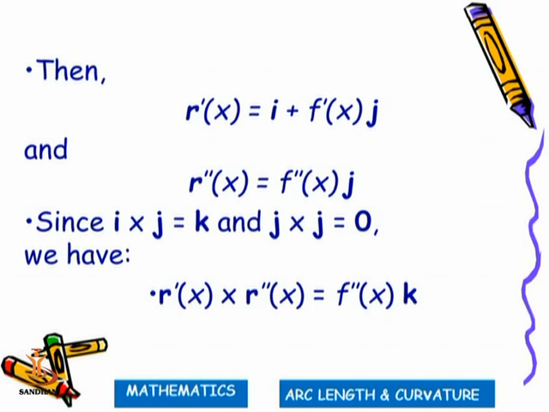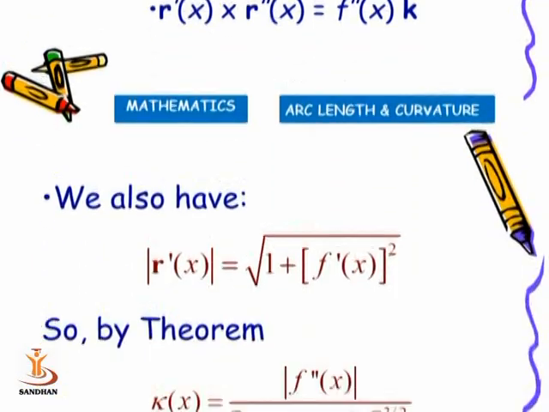Since i cross j is k and j cross j is 0, r dash cross r double dash is only f double dash(x) k, because j cross j will be 0 and i cross j will be k. So we have only one term with k.